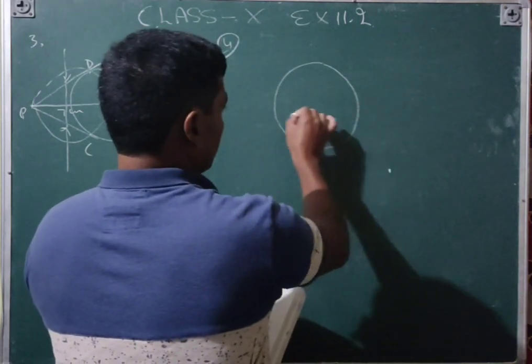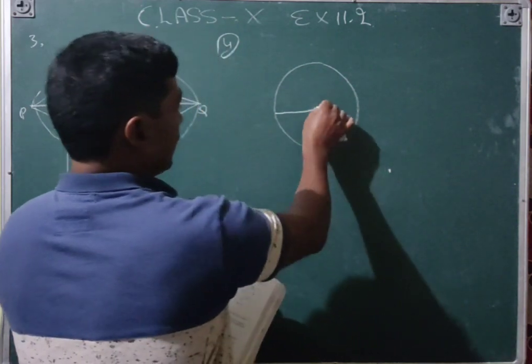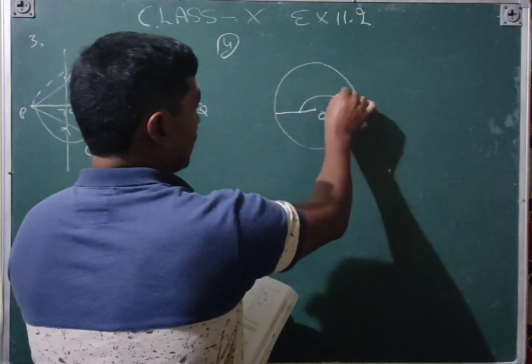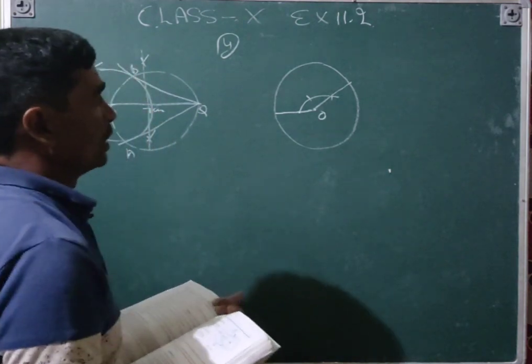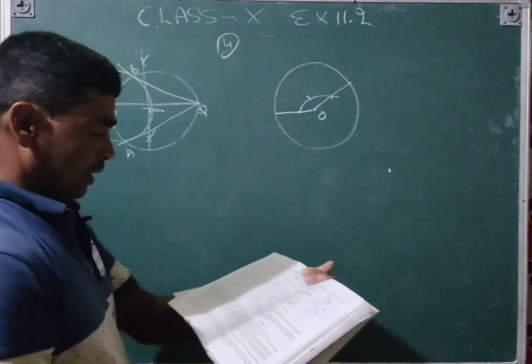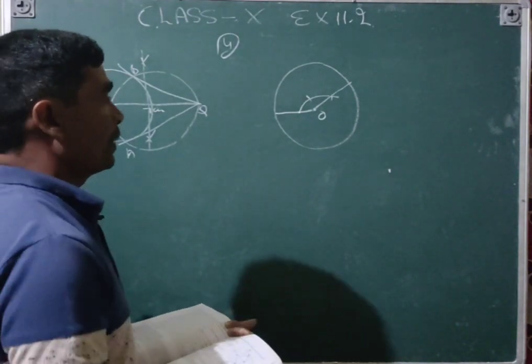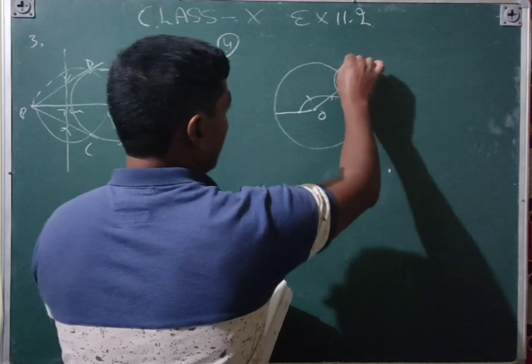We will join this radius, and then at this point we will draw the 120 degree angle, because that is 60 degree. So 120 degree we have done here. 120 plus 60, that will be 180. And then at this point we will draw the 90 degree angle.